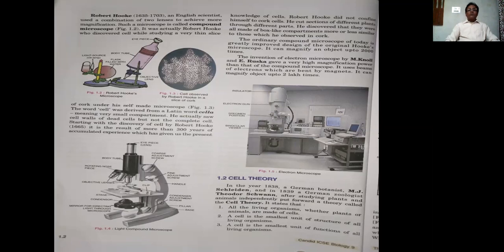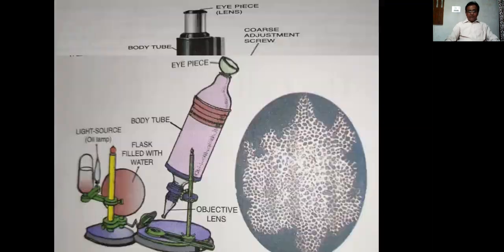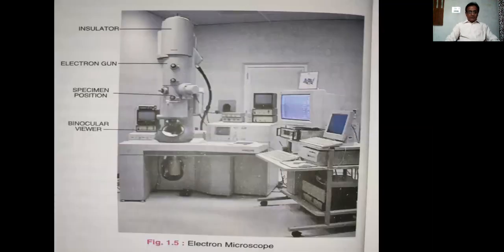But later on, Knoll and Ruska discovered a very efficient microscope, and that is the electron microscope. This slide is the electron microscope.